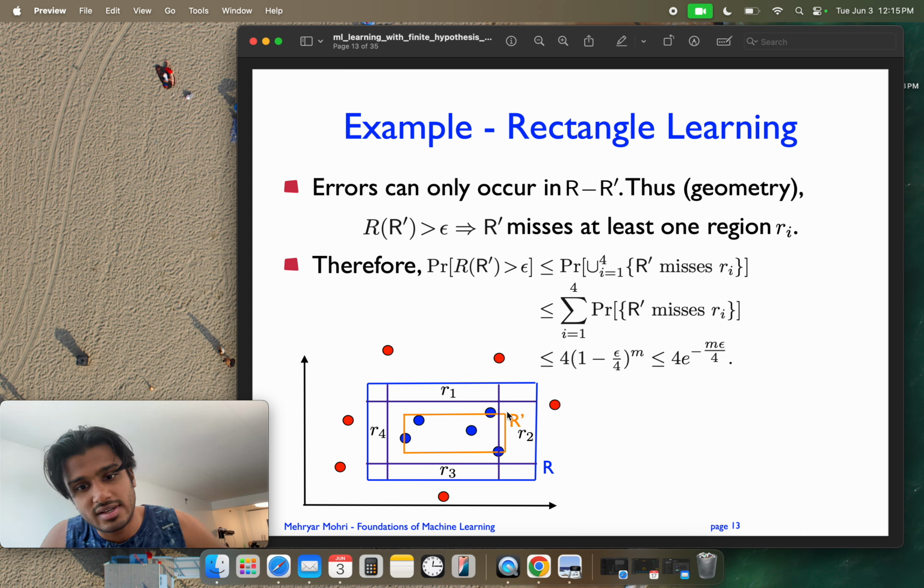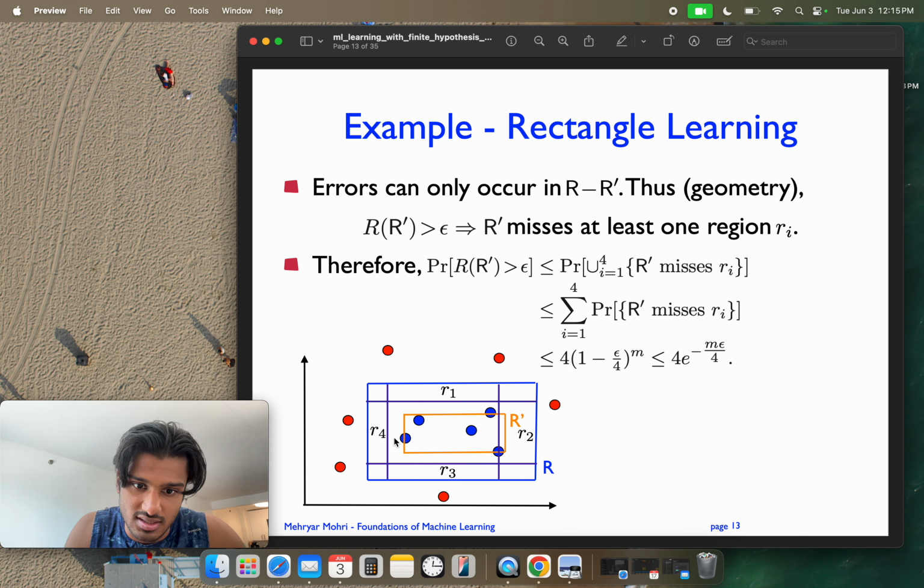Whatever is inside R prime will give it as label 1, but R also gives it a label 1. But something which lies in this particular region, let's say, R prime will give that as a label 0, but R will give that as a label 1. So errors can only occur in the regions which are outside of R prime, but inside R.